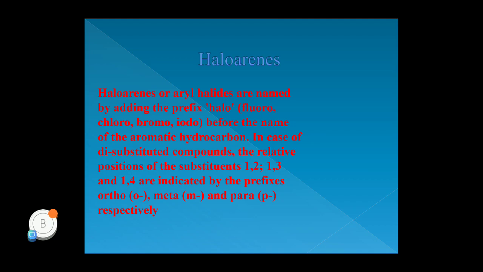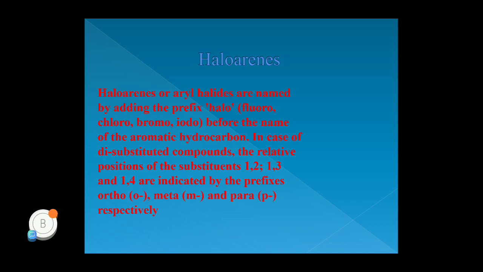Haloarenes or aryl halides are named by adding the prefix halo, fluoro, chloro, bromo, iodo before the name of the aromatic hydrocarbon. In the case of di-substituted compounds, the relative positions of the substituents 1,2, 1,3, 1,4 are indicated by the prefixes ortho, meta, para.